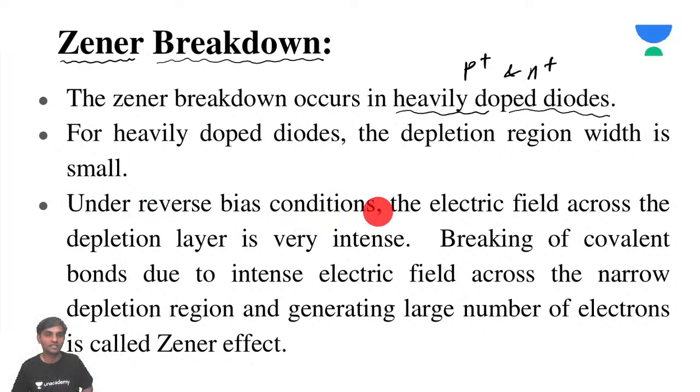Under reverse bias conditions, the electric field across the depletion layer is very intense, right? So that breaking of covalent bonds due to the intense electric field across the narrow depletion region and generating a large number of electrons is called Zener effect.